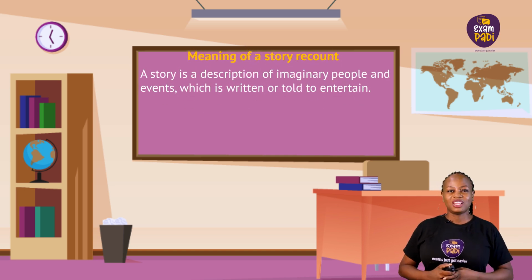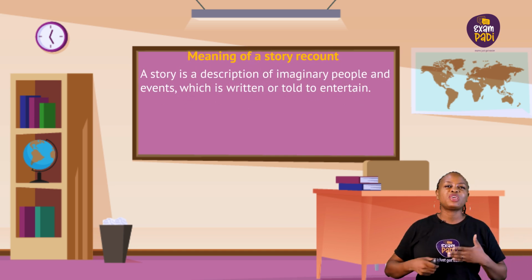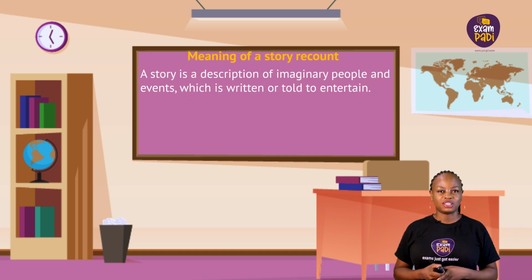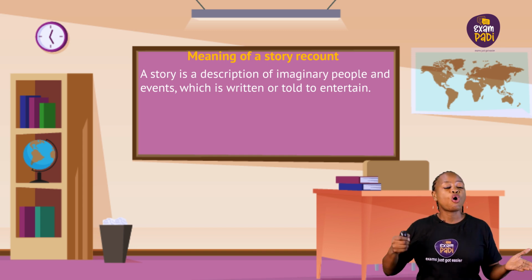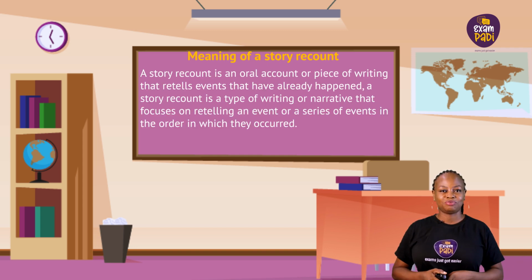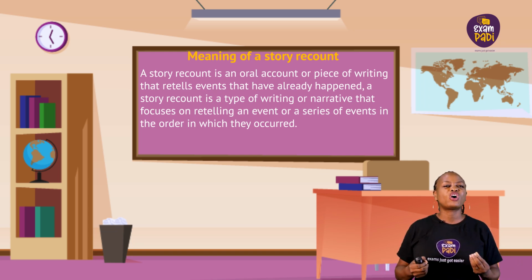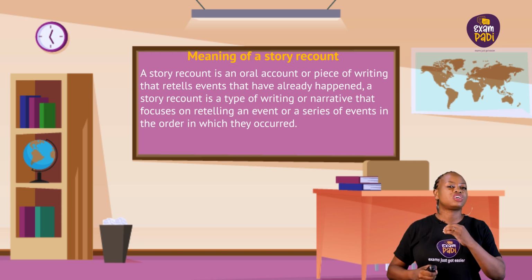A story is a description of imaginary people and events, which is written or told to entertain. A story recount is a type of writing or narrative that focuses on retelling an event or a series of events in the order in which they occurred.